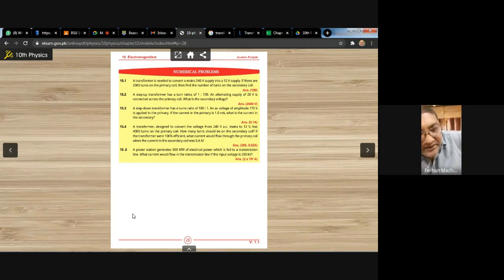A transformer designed to convert the voltage from 240 volt AC mains. It means the primary voltage is 240 and the secondary voltage is 12 volt. VP is 240, VS is 12 volt.